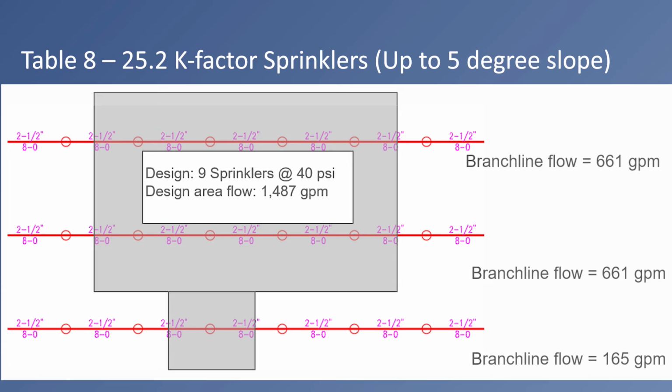But if you were to bring back the first calculation at 50 feet for the K28 with a 9 sprinkler design, which we do in figure 8, it actually has similar flow within 100 and something gallons, but the same start pressure, but smaller branch lines because of the flow per branch line.